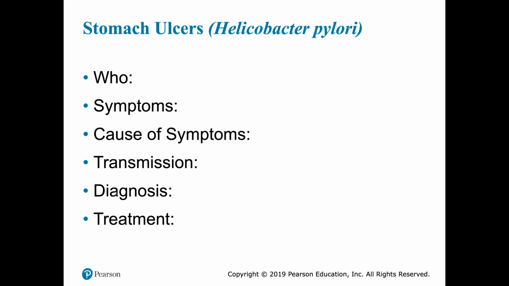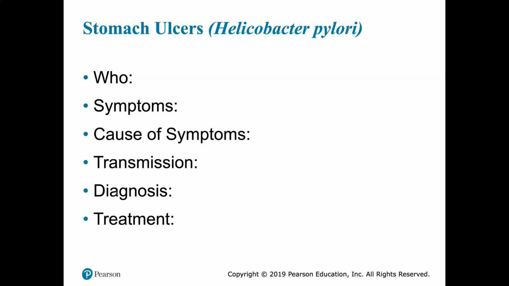Symptoms, most are asymptomatic, but those who are symptomatic have gastric ulcers, stomach ulcers, which can also lead to nausea, vomiting, abdominal pain, severe abdominal pain, and sometimes bloody stool.